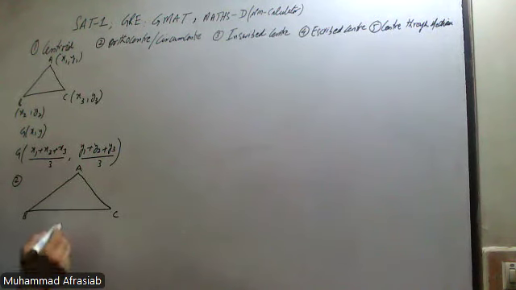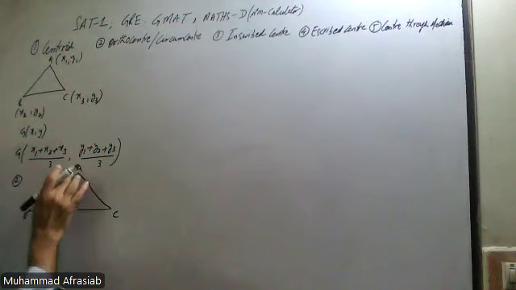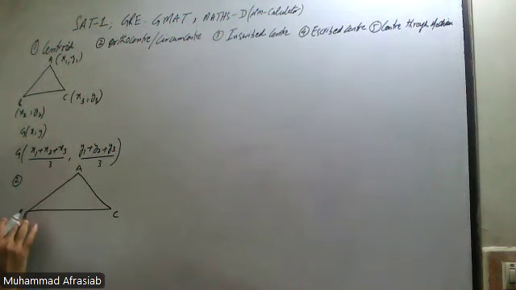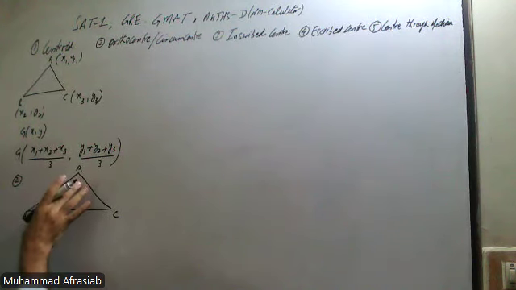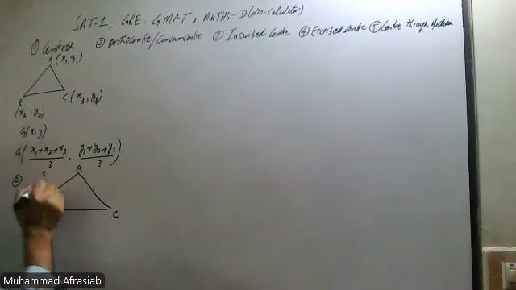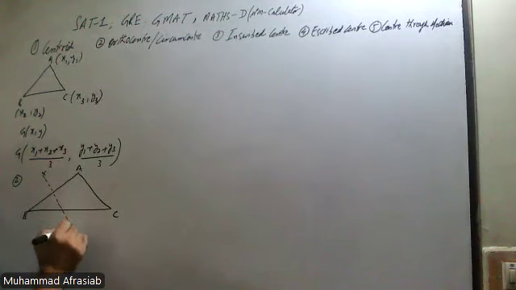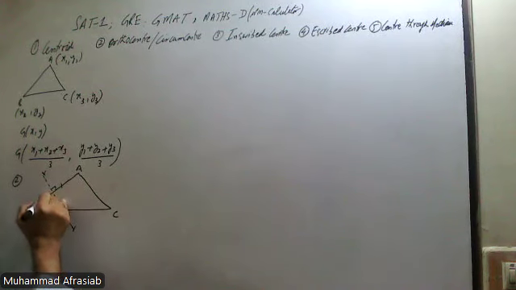You first draw the perpendicular bisector of this AB line. So A and B are the two endpoints. So you draw this perpendicular, and that is a line through this part, which is going to make an angle of 90 degrees, and it is dividing it into two equal parts.